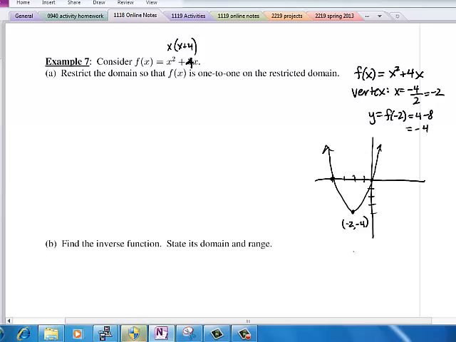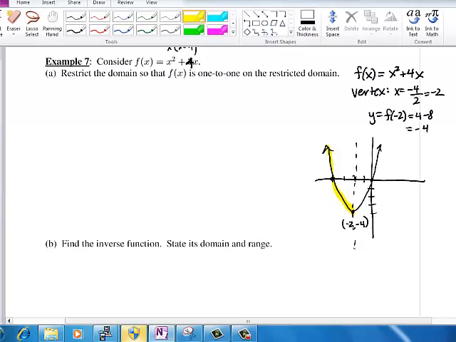We can restrict the domain however we want to keep it one-to-one, but let's keep it as large as possible. And just because it's a little bit messier, I want to do the left side. So I'm going to use this branch only.